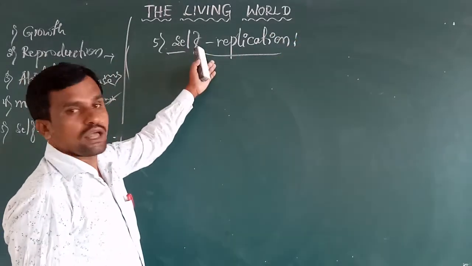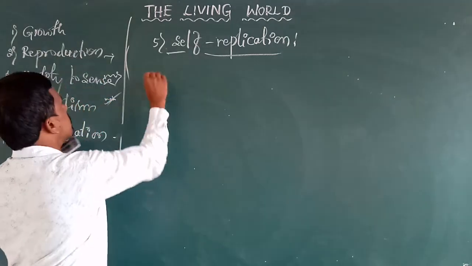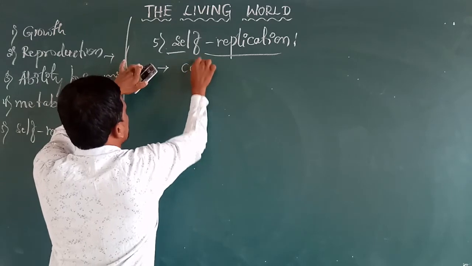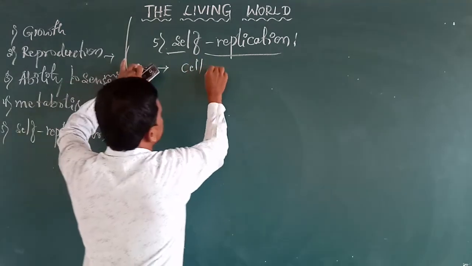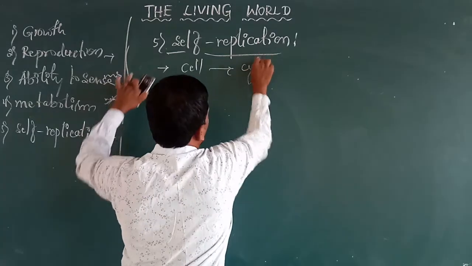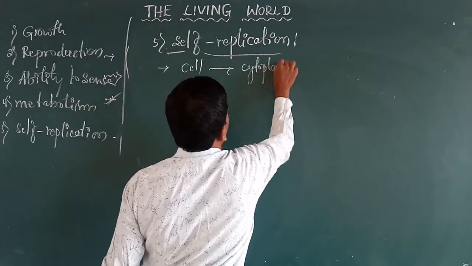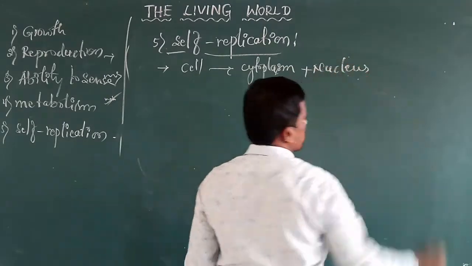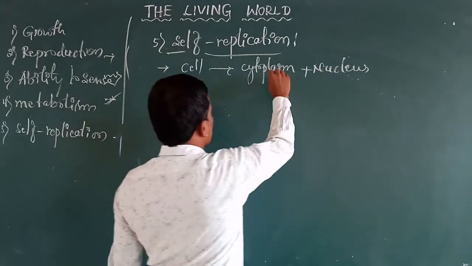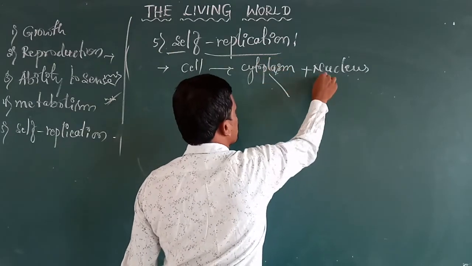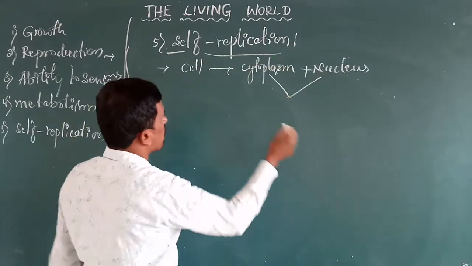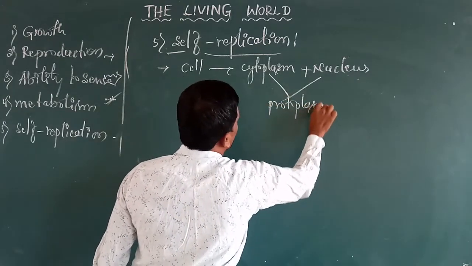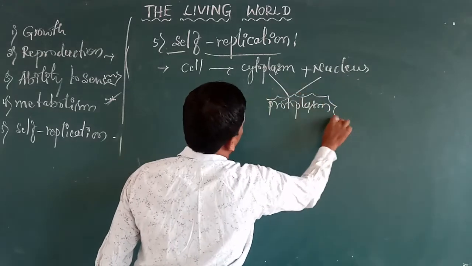Self-replication or self-synthesis. The living organism contains cells. In the cell, both cytoplasm and nucleus are present. The cytoplasm and nucleus together are called protoplasm.